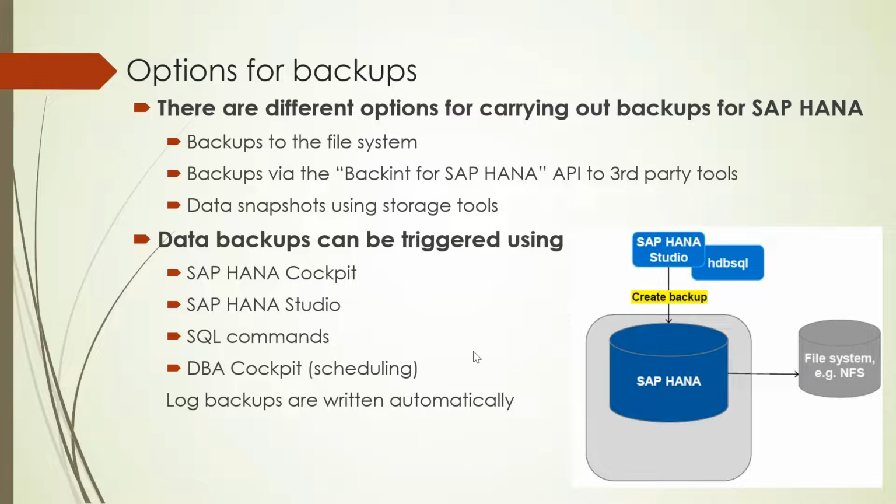If you're taking the backups on the file systems, we have to configure the locations where my backup will go: a location for the data backups and a location for the log backups. Backups you can trigger from HANA Cockpit, from HANA Studio, from SQL commands, from DB Cockpit, and the log backups are automatic, so we don't trigger the log backups.